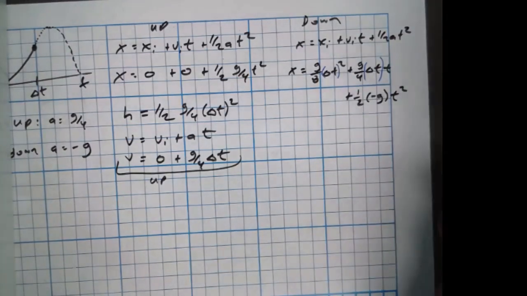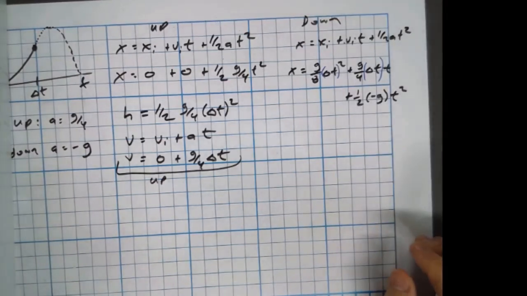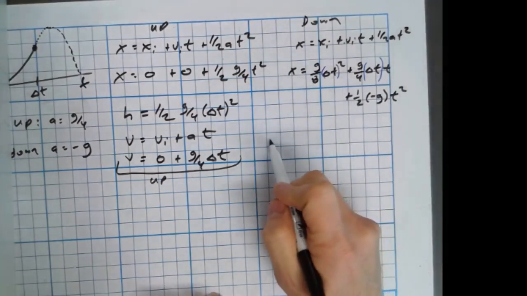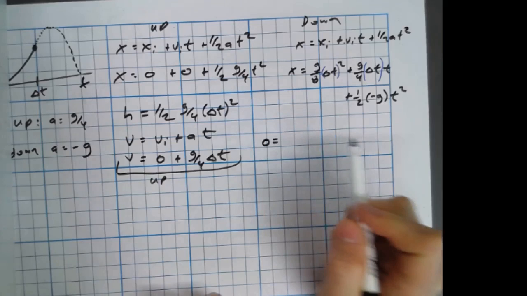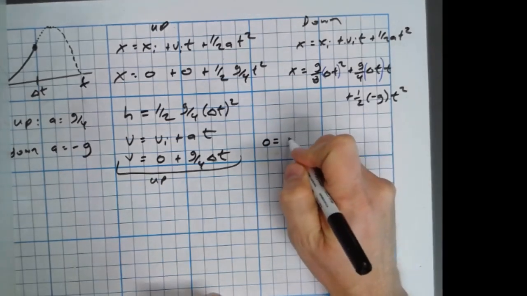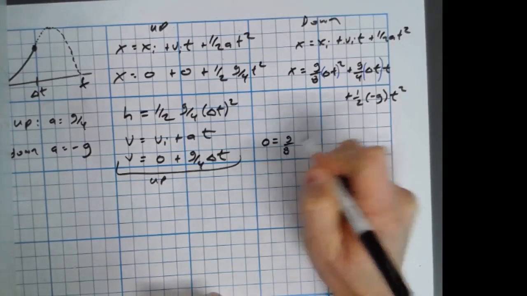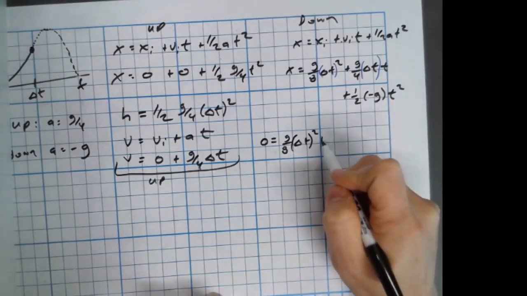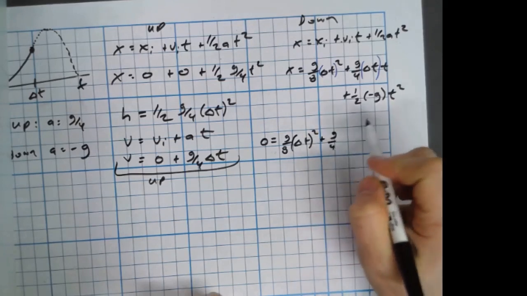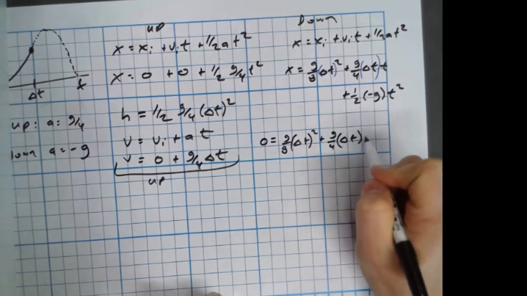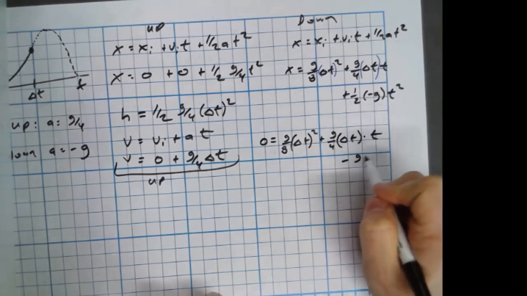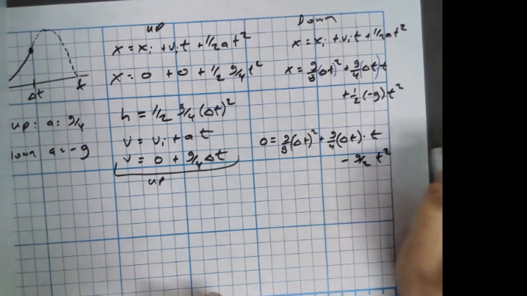All right, so what am I asking myself with this function? If I'm trying to figure out how much time it takes to get to the ground, I'm asking myself, at what moment in time is the position 0? So I'm going to set that equal to 0. 0 equals this expression, g over 8 delta t squared plus g over 4 delta t times t minus g over 2 t squared.